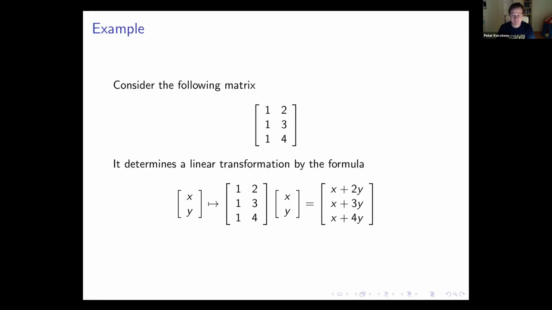Okay, some examples with matrices. Take this matrix, 3 by 2. It determines a linear transformation. It takes vector (x, y) to vector (x + 2y, x + 3y, x + 4y), mapped from R2 to R3.